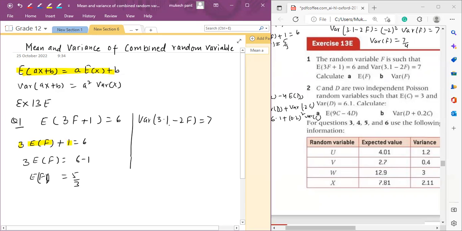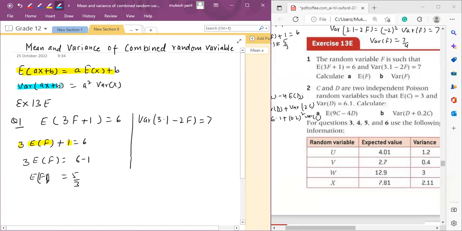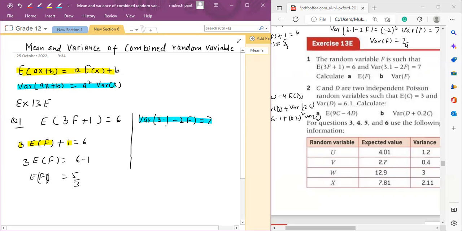Second, we have this one. Now for this variance, we will use this formula. This is the formula of variance, so we will apply it over here. So what is the formula? A square. It will be -2, its whole square, times the variance of F, equals 7.